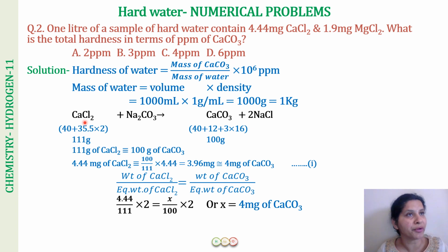So I hope this is clear to you that we can use either the mole concept or the equivalent concept. Using the equivalent concept is better because you need not know the reactions. Okay, so this is what we have as far as calcium carbonate with respect to calcium chloride. Similarly, we are going to do the same for magnesium chloride as well.